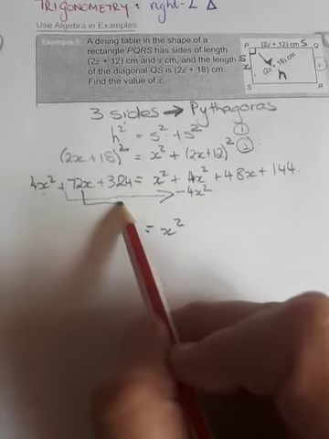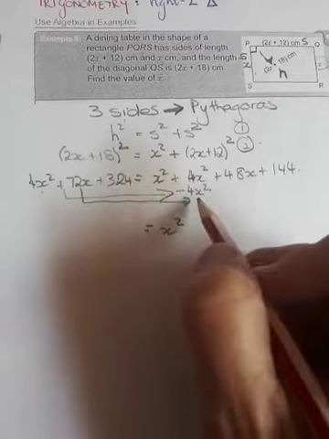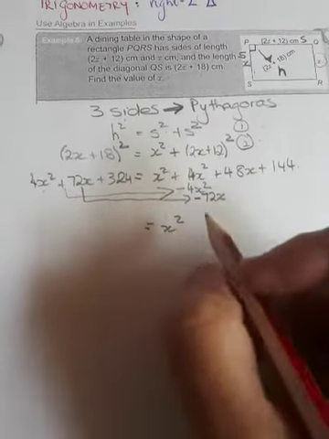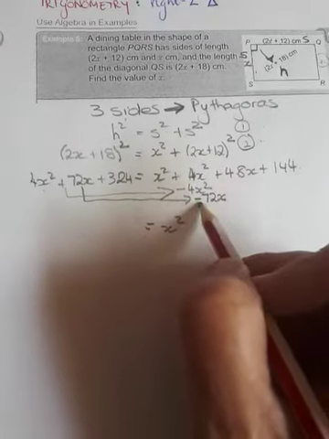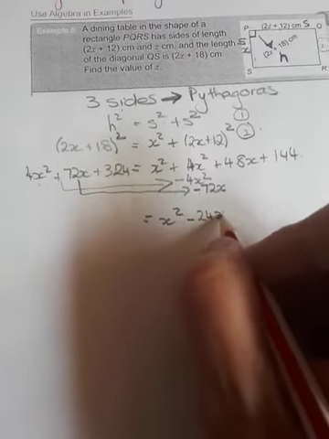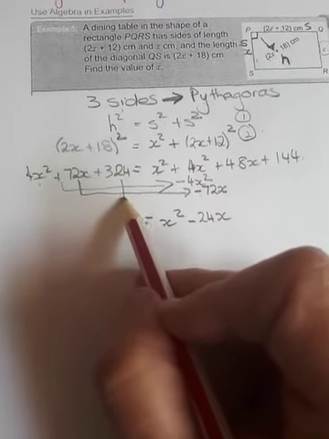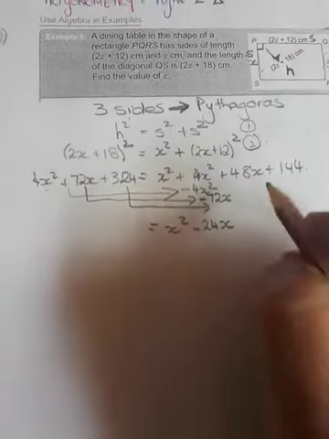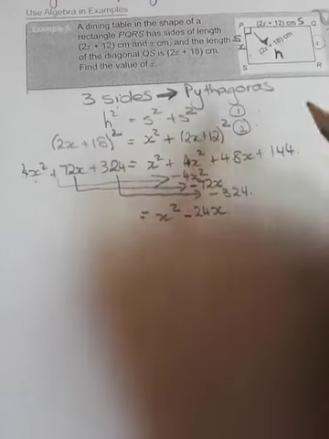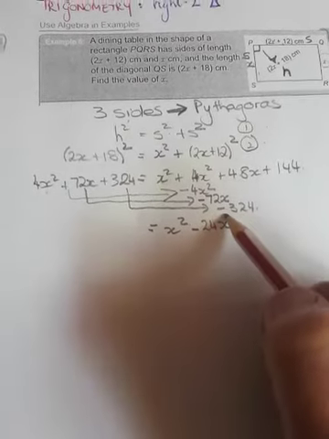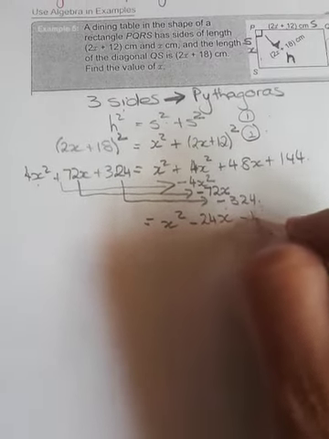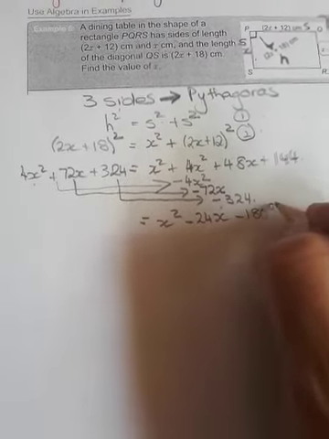Then we've got 72x, which becomes negative 72x on this side. So 48 minus 72 is negative 24x. And lastly, we're going to take the 324 to that side, which also becomes negative, and 144 minus 324 gives me an answer of negative 180.